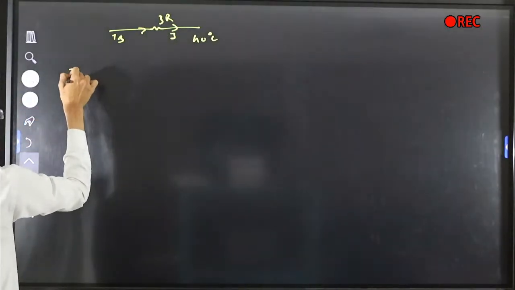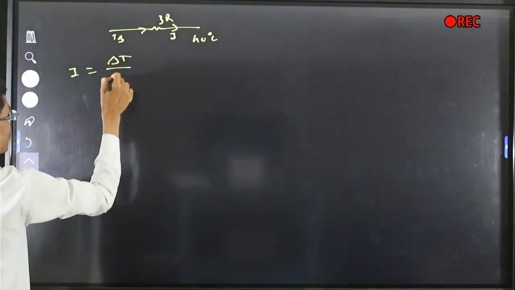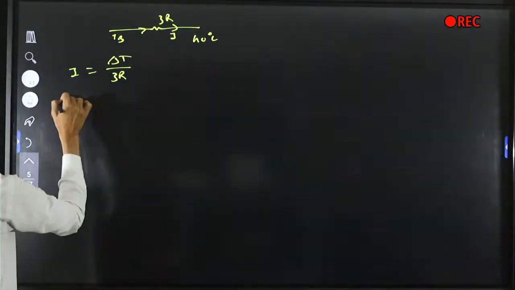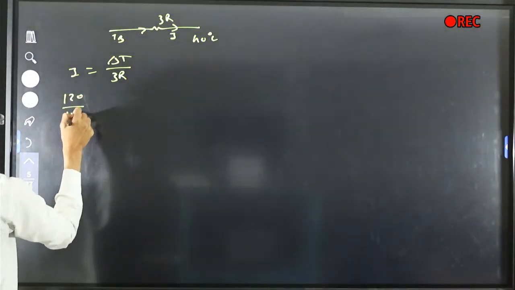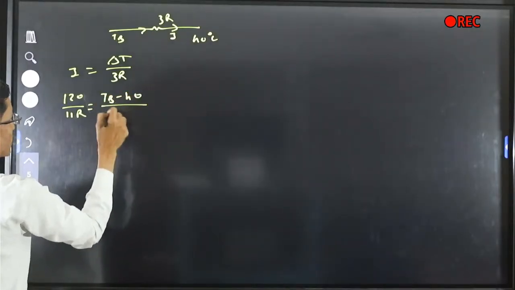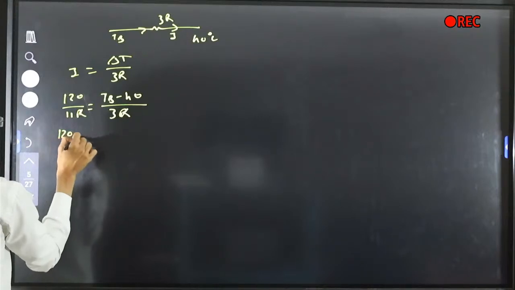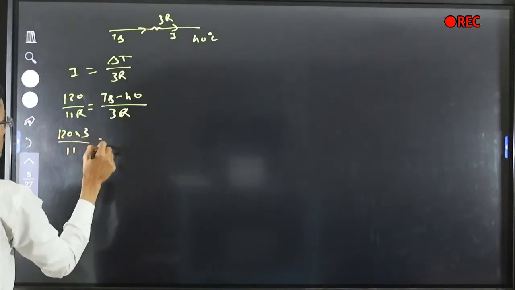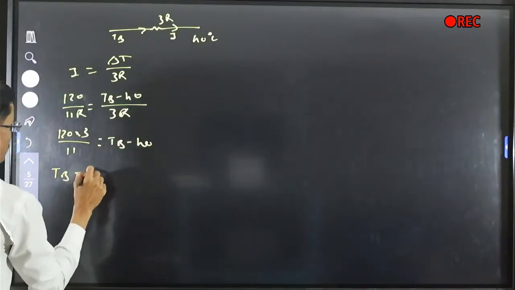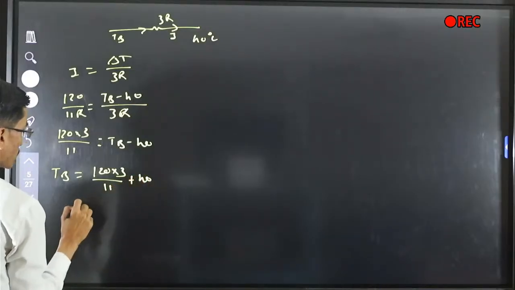So I is equal to delta T by 3R. The current is 120 by 11R, so 120 by 11R is equal to delta T, TB minus 40, upon 3R. R cancels. So 3 into 120 upon 11 is equal to TB minus 40.